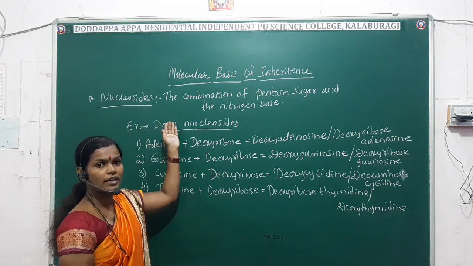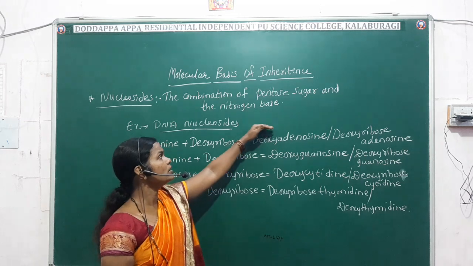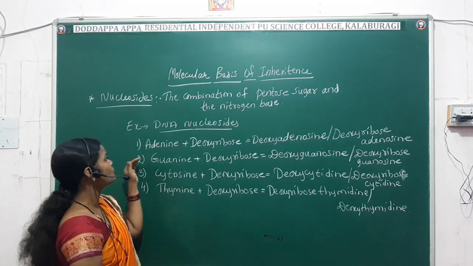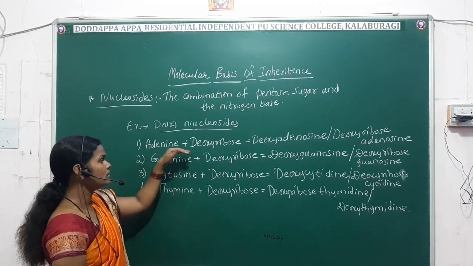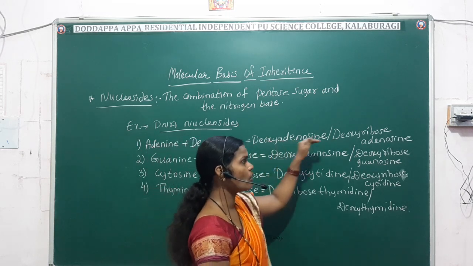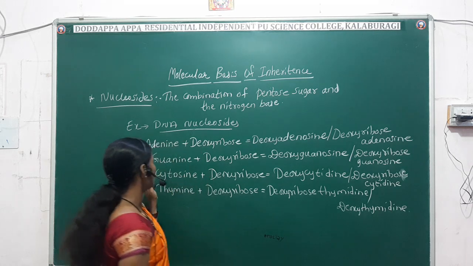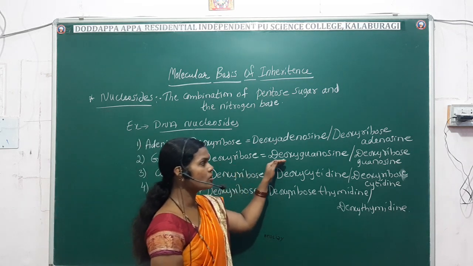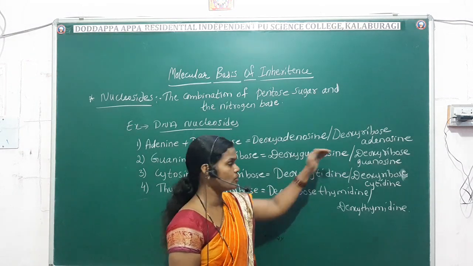Nucleosides can be defined as the combination of the pentose sugar and the nitrogen base. Examples of DNA nucleosides are: adenine plus deoxyribose is deoxyadenosine, or deoxyribose adenosine. Guanine plus deoxyribose is deoxyguanosine, or deoxyribose guanosine.